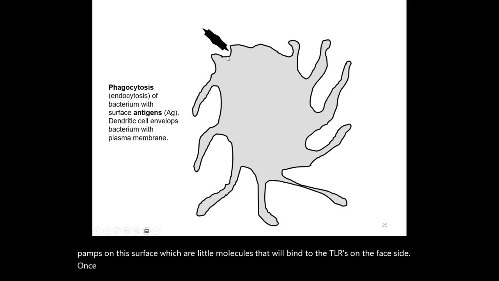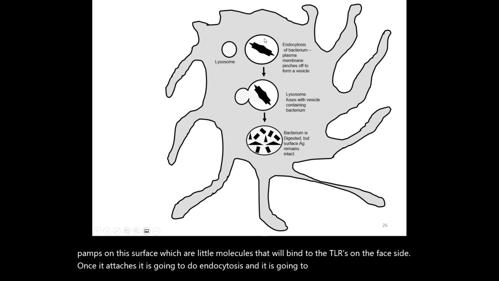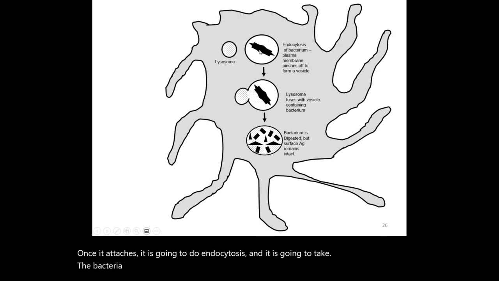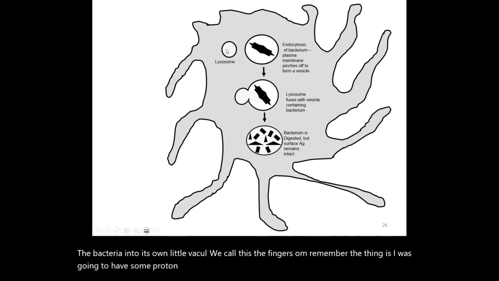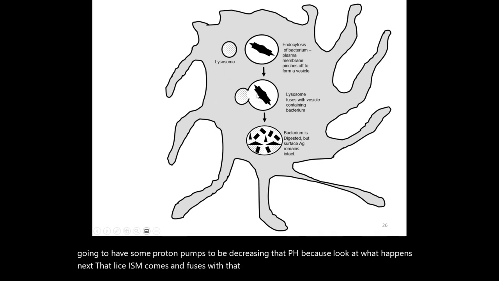Once it attaches, it does endocytosis and takes the bacteria into its own little vacuole. We call this the phagosome. The phagosome has some proton pumps to decrease the pH, because look at what happens next. The lysosome comes and fuses with that vacuole.